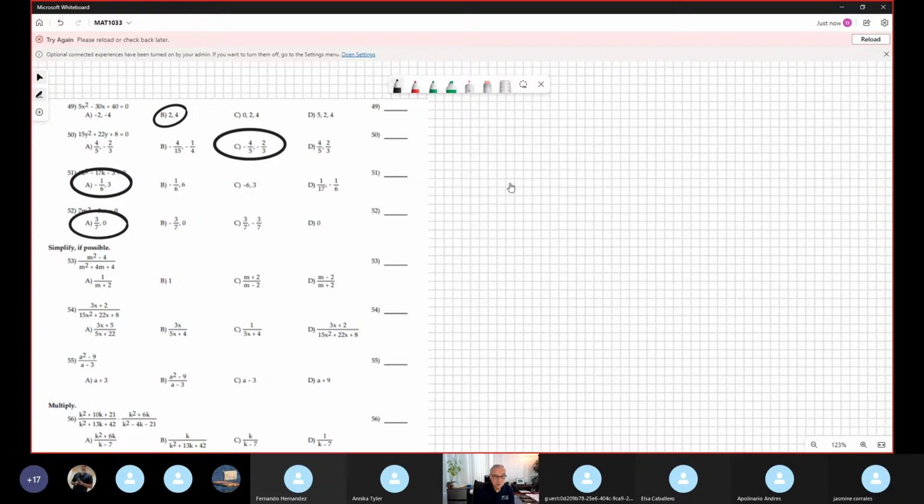For example, 53. 53 is m squared minus 4 divided by m squared plus 4m plus 4. Okay, so what is the job? The job is simplify.